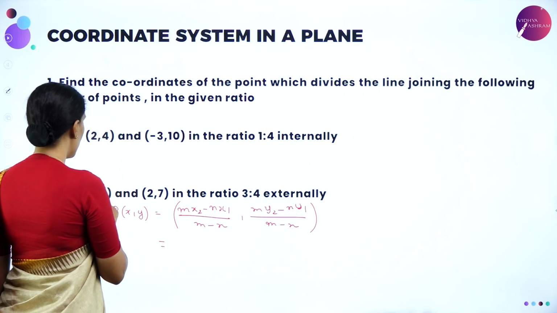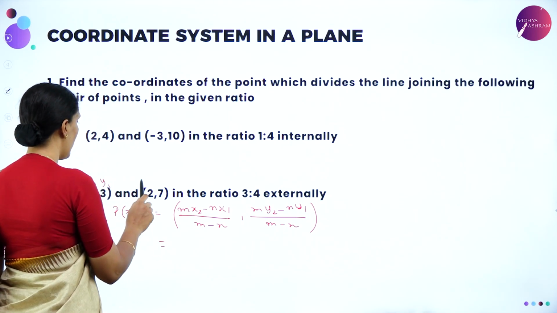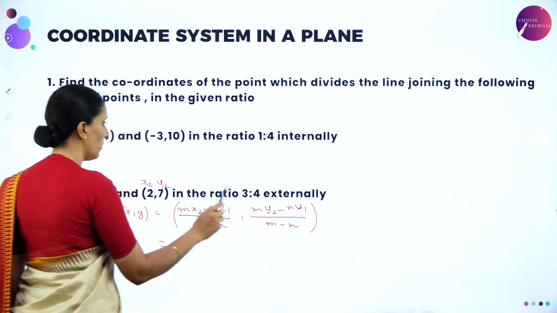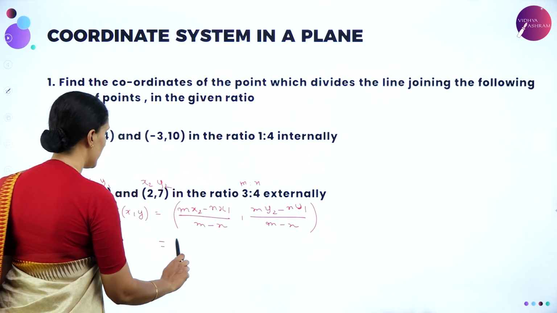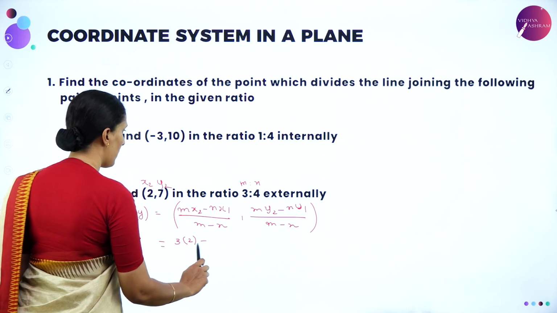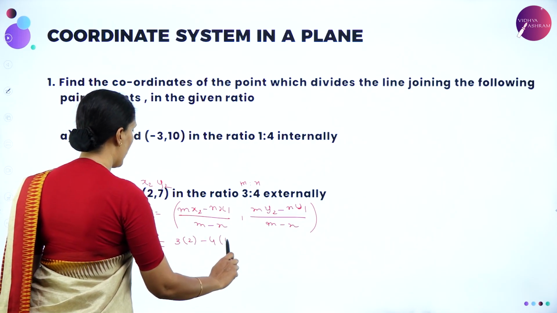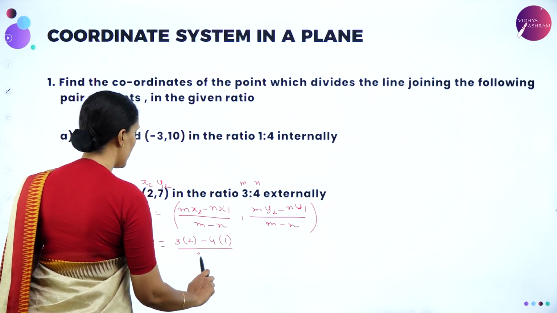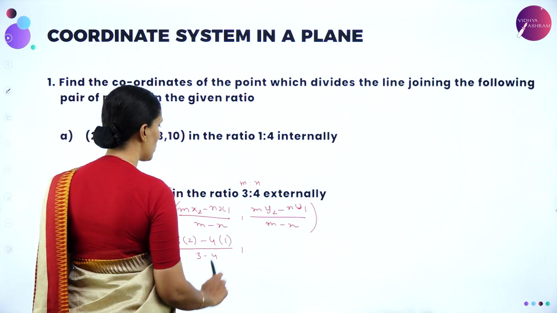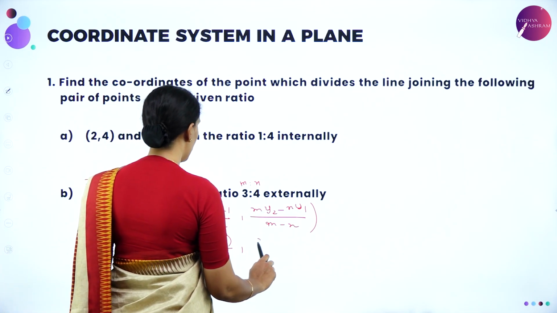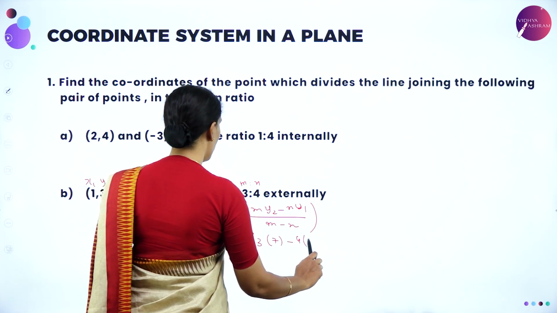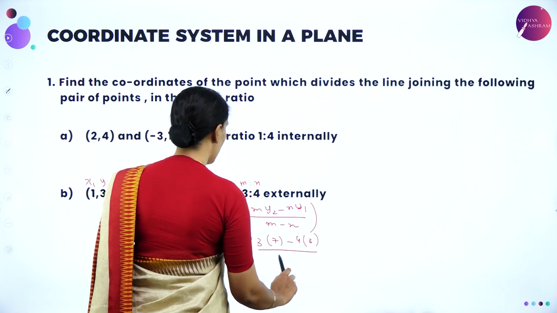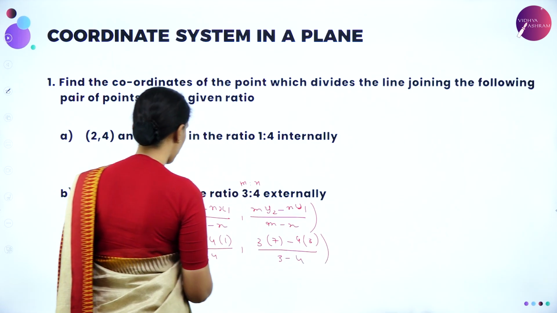So here this is x1, y1, x2, y2, m, n. So now this becomes 3 into 2 minus 4 into 1 divided by 3 minus 4. Next we have 3 into 7 minus 4 into 3 divided by 3 minus 4.